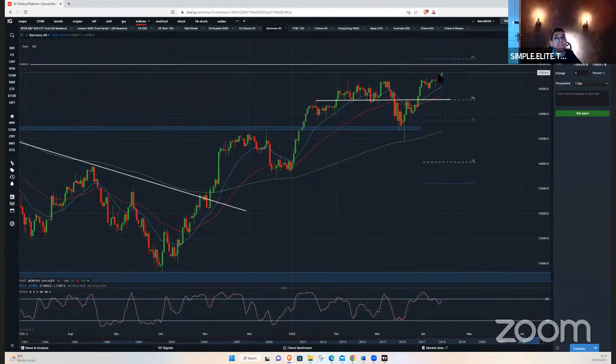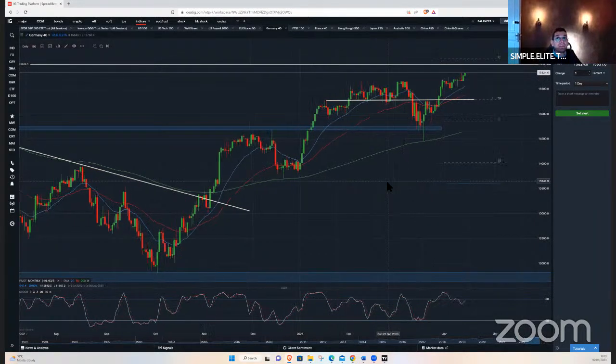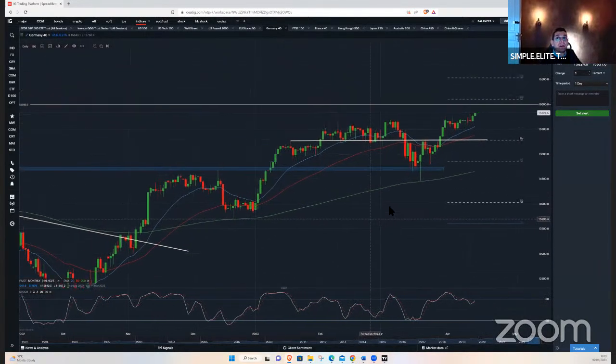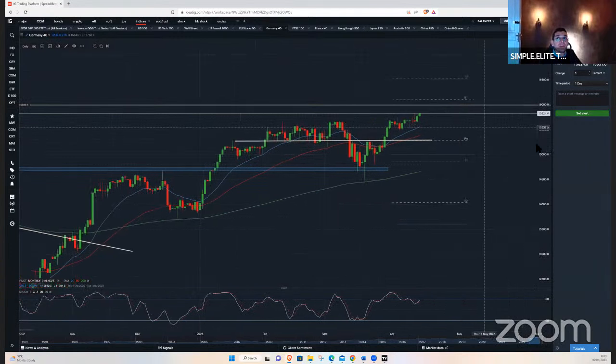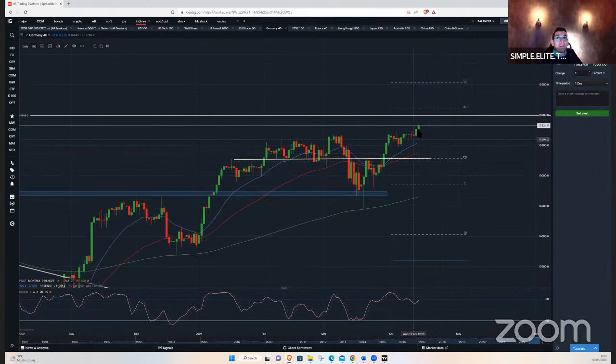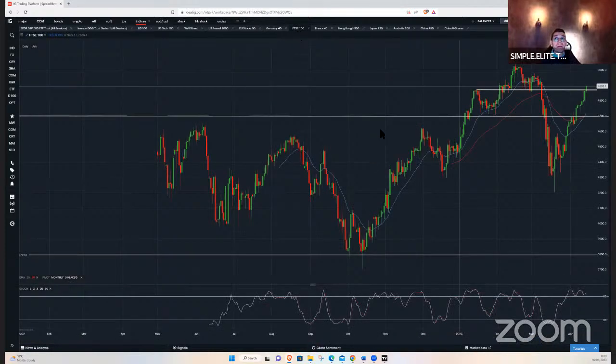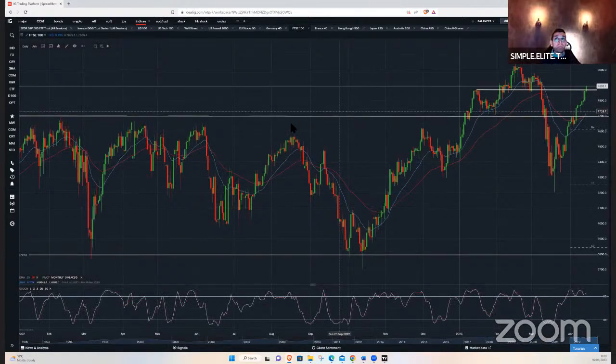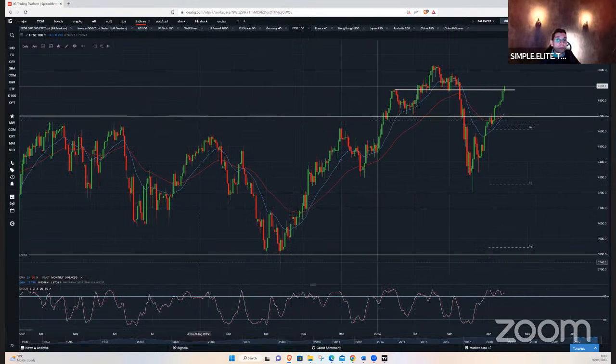So we can see DAX is looking bullish as well. Same chart as the Dow. It's looking the same. The other index is FTSE 100, which is looking very bullish.